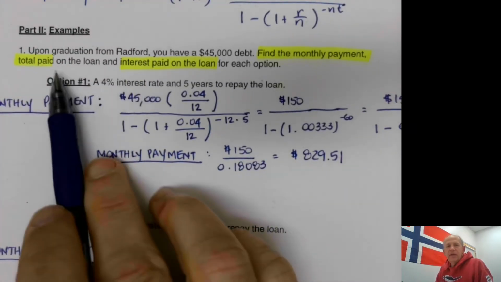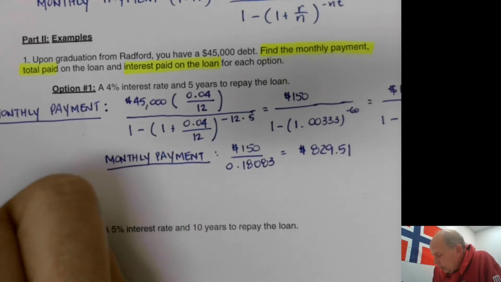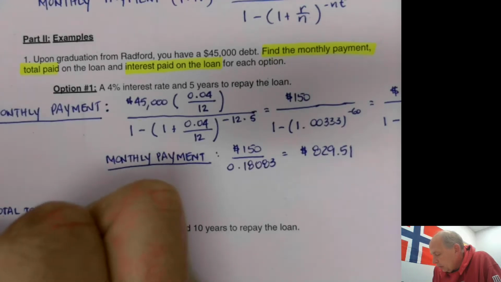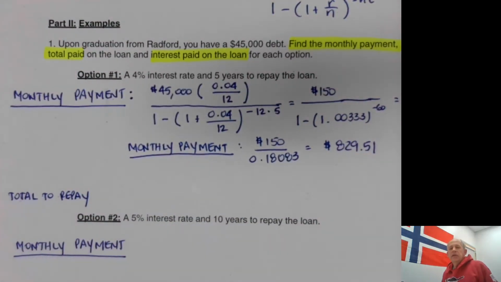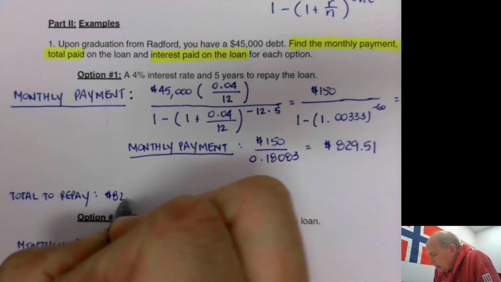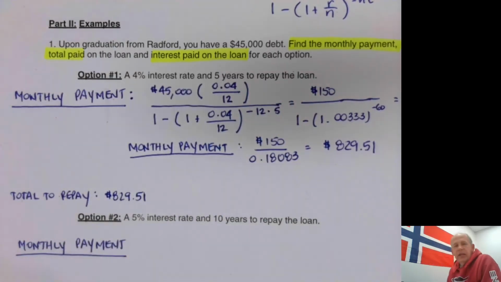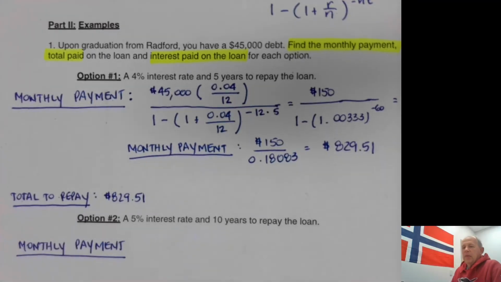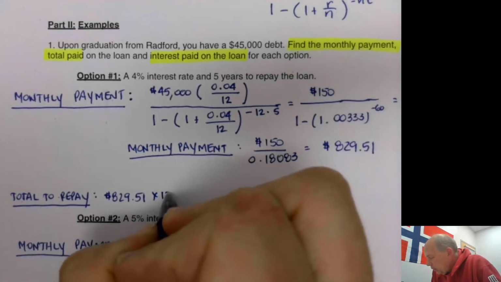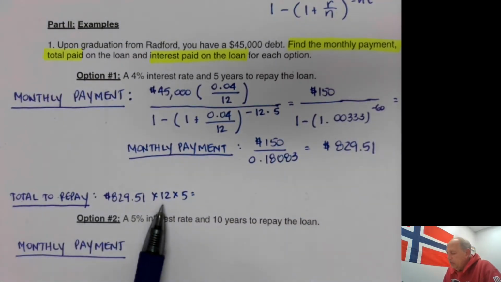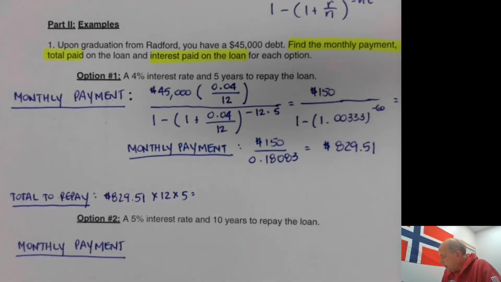Let's take a look at finding out how much they have to pay for the total on their loan. So the total to repay on this loan, sort of a common sense formula or common sense process, they're making that monthly payment, $829.51, and they're making that monthly payment 12 times a year for 5 years to repay the loan. 5 years to repay it, 12 times a year, and there's the monthly payment.